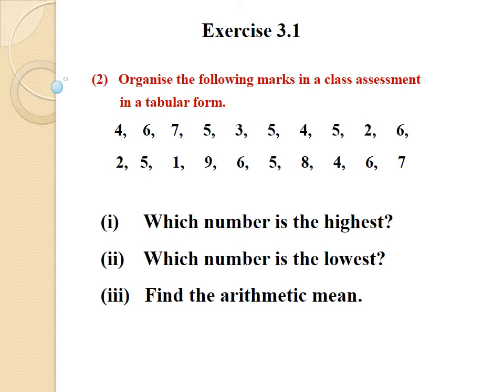First column for marks, second column for tally marks, and third column for frequency. Students, we have to arrange the given marks in ascending order, and we have to write each mark only one time. So, now let us draw the table and solve the given questions.